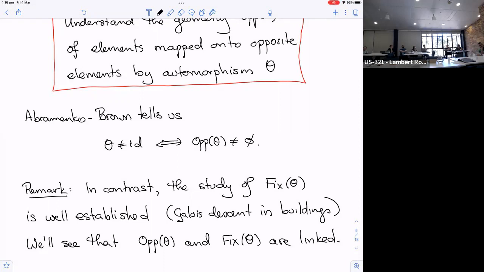These fixed geometries are well studied, and probably everything is known about them now. But actually, we're going to see, perhaps surprisingly, that op theta and fixed theta are linked. Well, maybe not really closely linked, let's say.